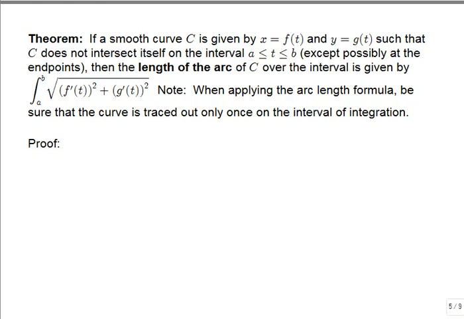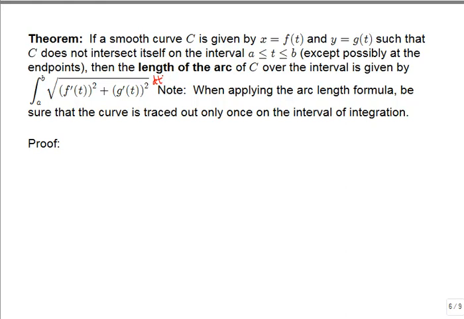Now we have another theorem. It says that if a smooth curve C is given by x equals f of t and y equals g of t, such that the curve C does not intersect itself on the interval a to b, except possibly at the endpoints, then the length of the arc of C over the interval is given by this integral from a to b of the square root of f prime of t squared plus g prime of t quantity squared, and there should be a dt on this as well.